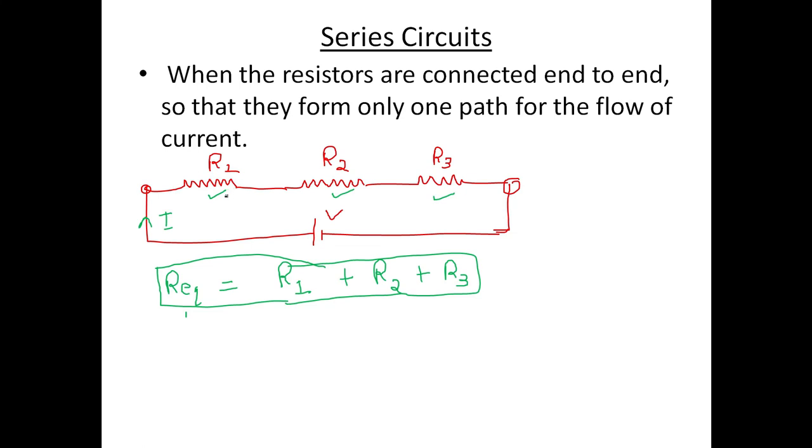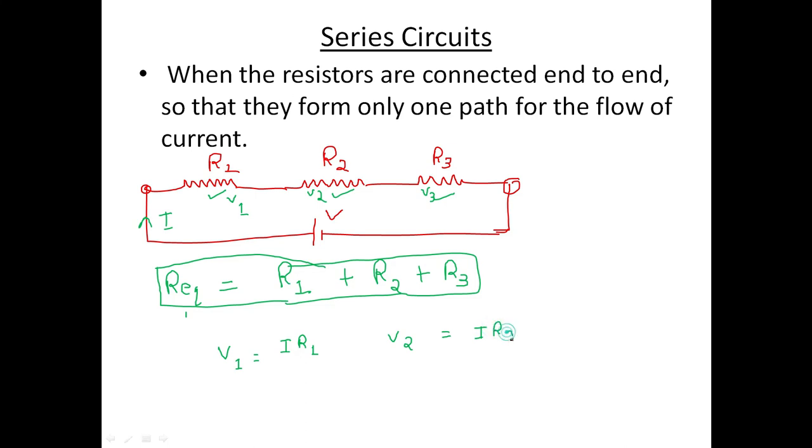The voltage drops across these terminals are V1, V2 and V3. So the voltage drop V1 equals I R1, voltage drop V2 equals I R2.